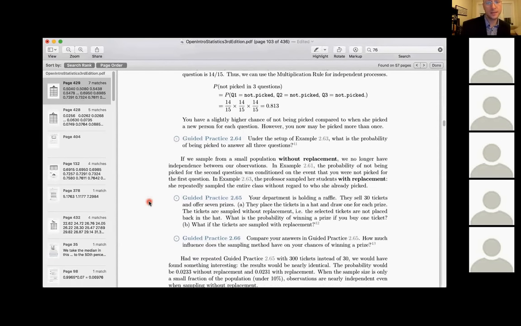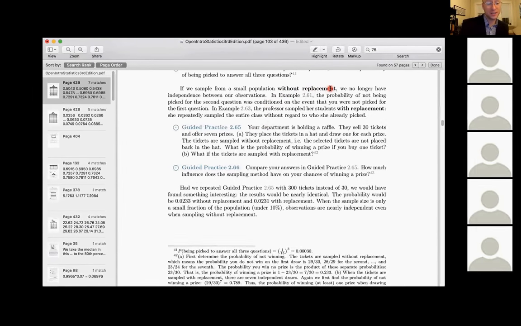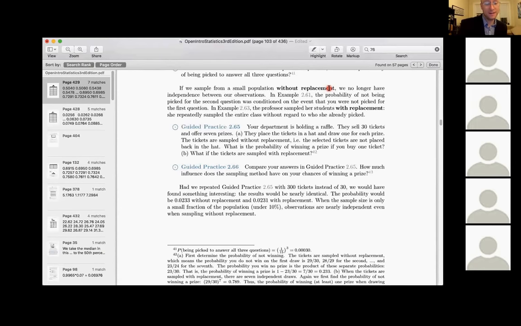We talk about small samples with and without replacement. Without replacement means, let's say we have 200 people in a room and we want to sample from those 200 people.